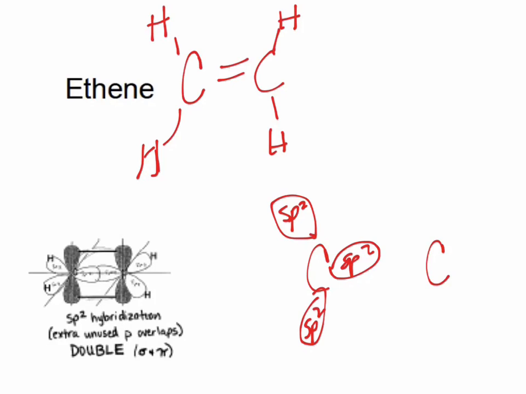And then we do the same thing to the other C, where we have an sp2, an sp2, and an sp2 here. And then, of course, you have your s orbitals for each hydrogen out here.